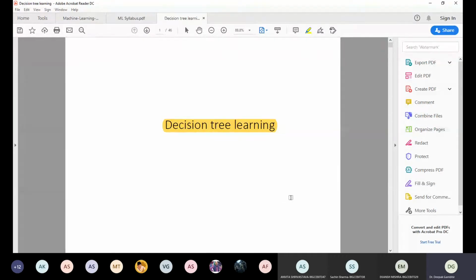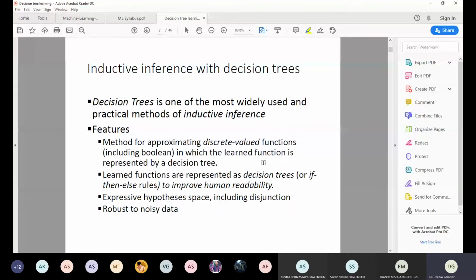Okay, so in the previous class we were studying decision trees. A decision tree approximates discrete valued functions, and the learned function is represented as a decision tree.